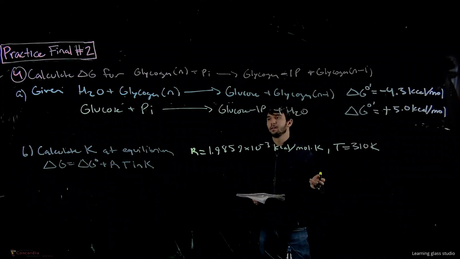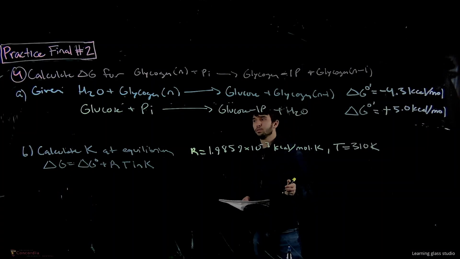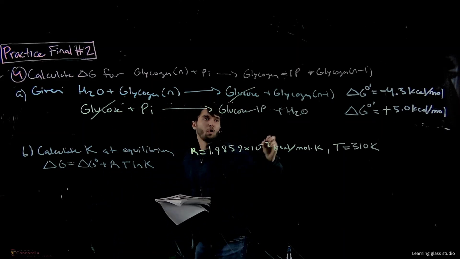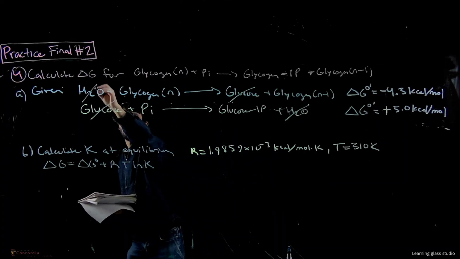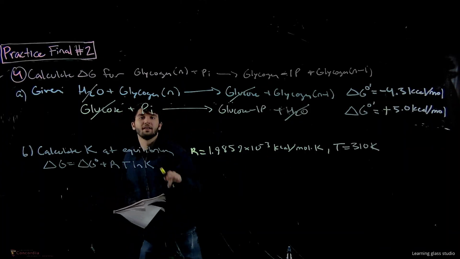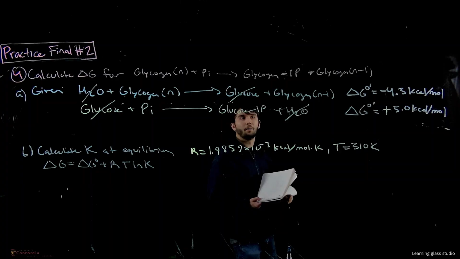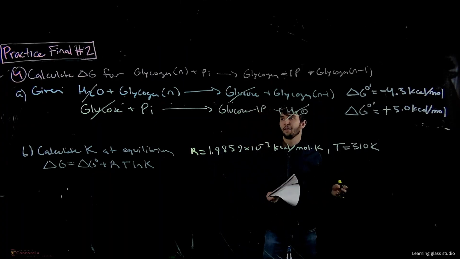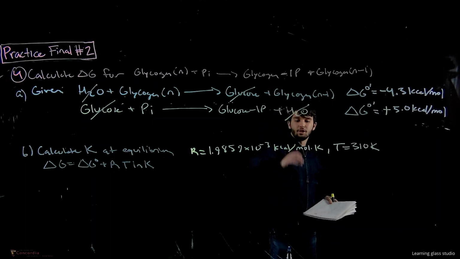Now we can see that glucose will cancel and water will cancel, and what we'll be left with is glycogen plus phosphate produces glycogen N plus 1 plus glucose 1P. So if we add those together, we get the original reaction.